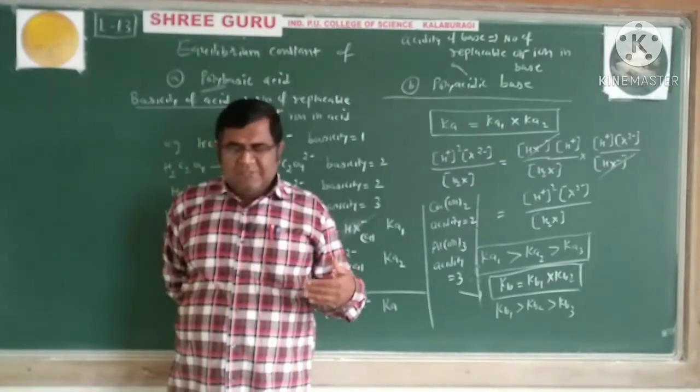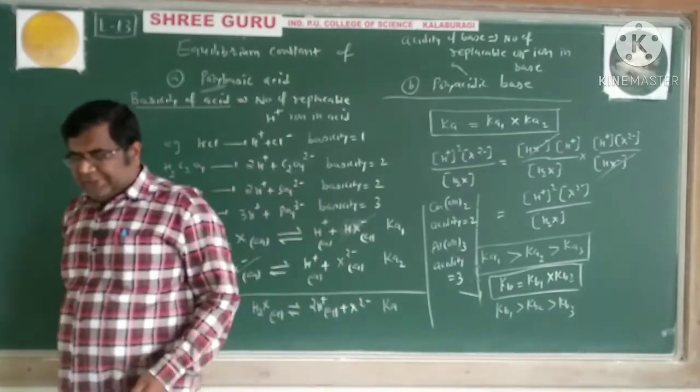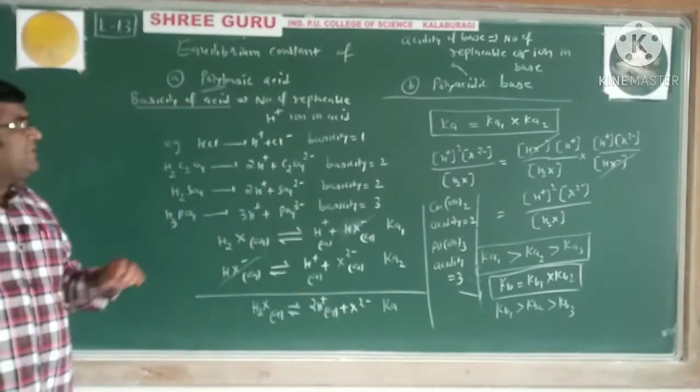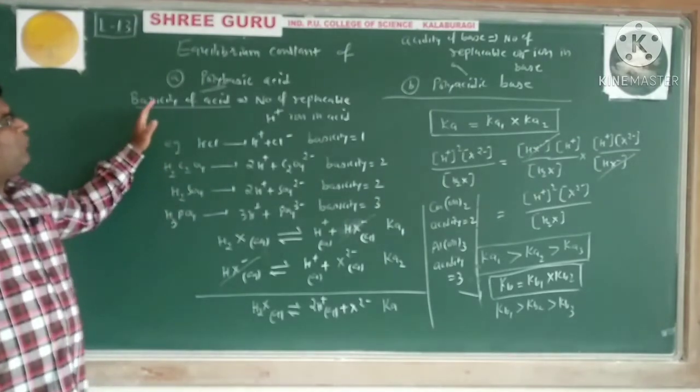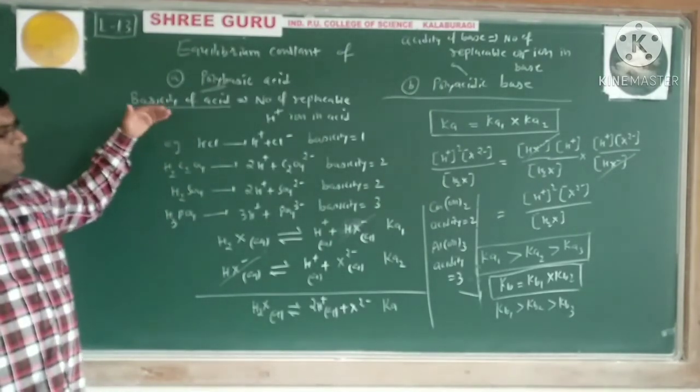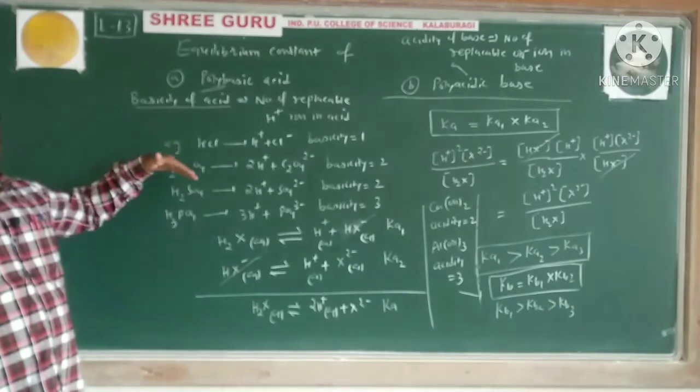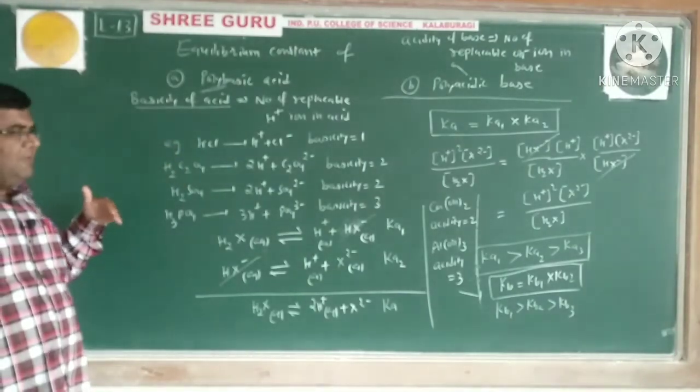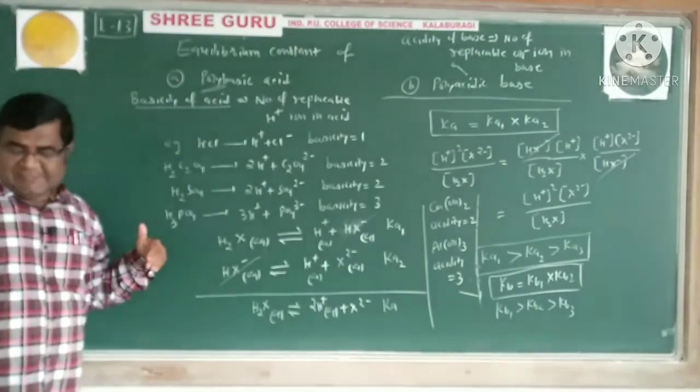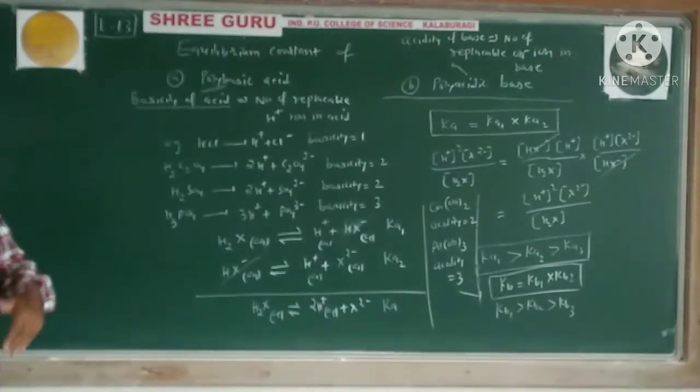So this is the important point we are noting here for polyacidic bases and polybasic acids. Their equilibrium constants go on decreasing. This is the point which we want to stress here. So this is one important concept in case of more than one replaceable H plus ions and OH minus ions.